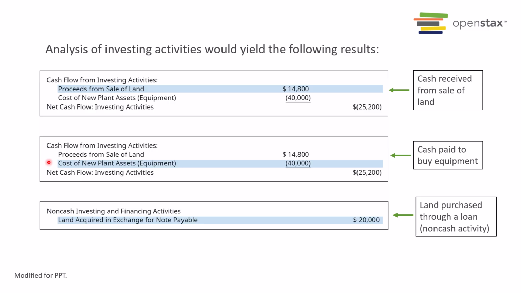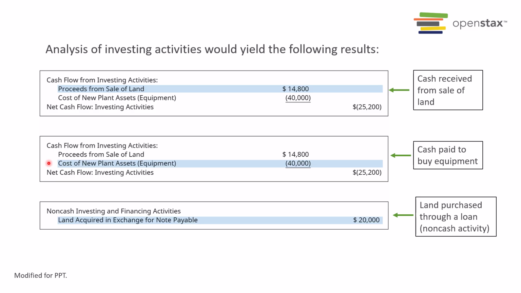Directly beneath that, we're going to show the costs of anything we purchased with cash. So remember, this is a statement of cash flow.